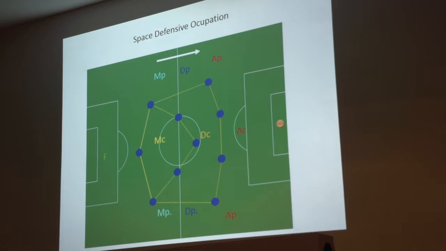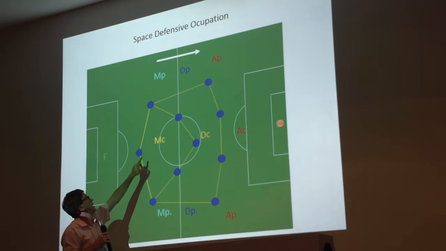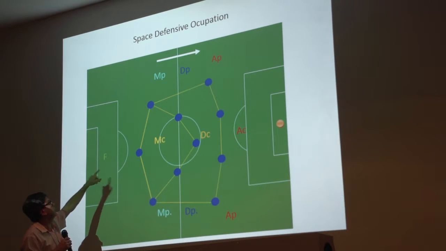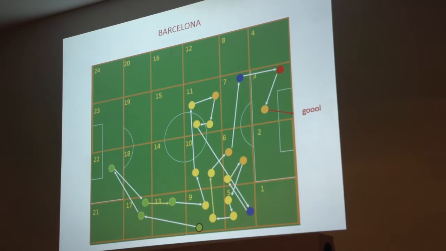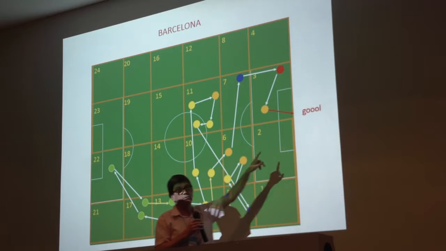The positions here are colored by the colors that you use in the next slide. Hence you have here the sequence, the idea of the complexity, and how it evolved in time. You see that Barcelona at that time could keep the ball for a long time. They go in, they go out, and they find the way, and finally they arrive at the goal.